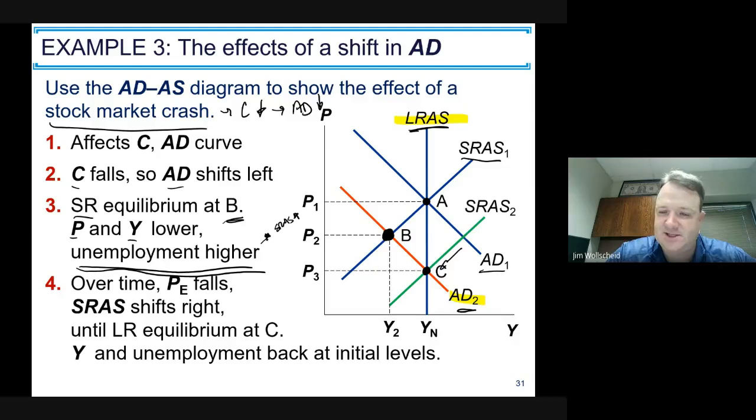And so what happens is short-run aggregate supply shifts right, and we end up at point C. And what we notice at point C is output and unemployment haven't changed. The only thing that's been affected is prices.